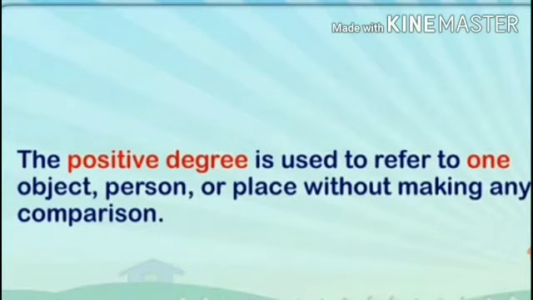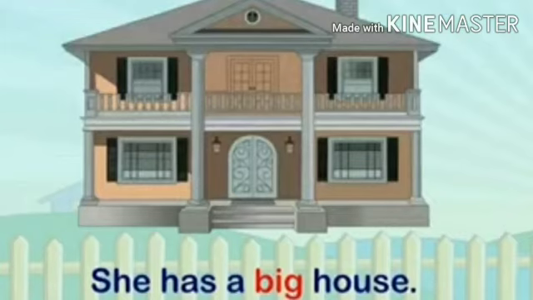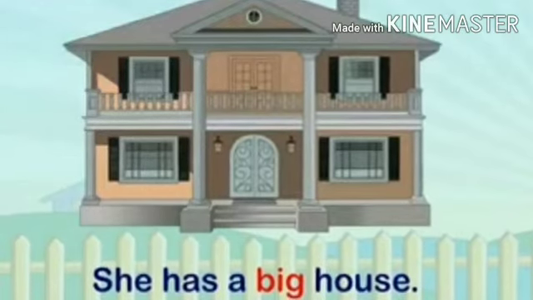The positive degree is used to refer to one object, person, or place without making any comparison. Positive degree stands alone. It means no comparison is there. Now, let us understand it with an example.